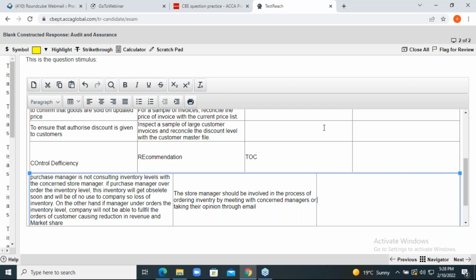So we are talking about test of control, so we can apply a forward or backward test of control.